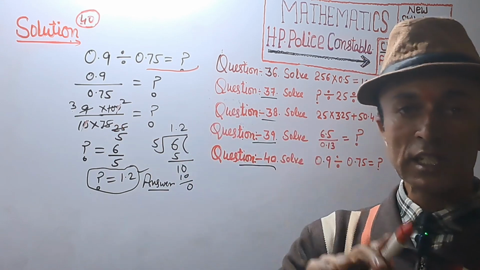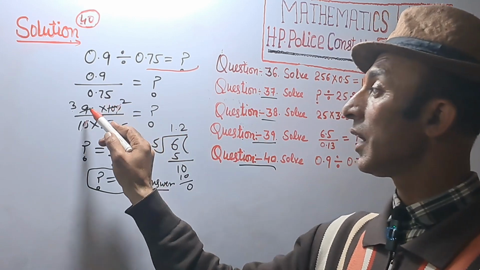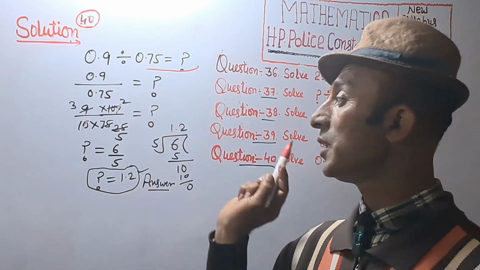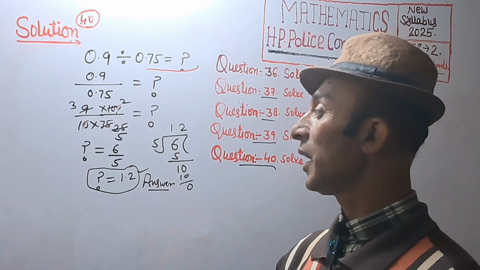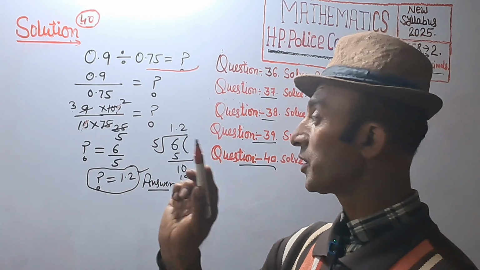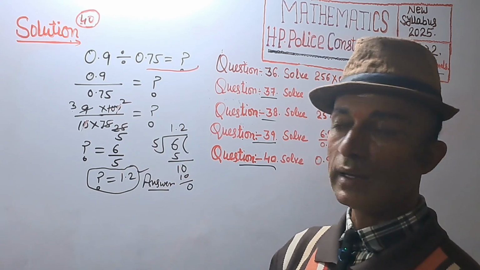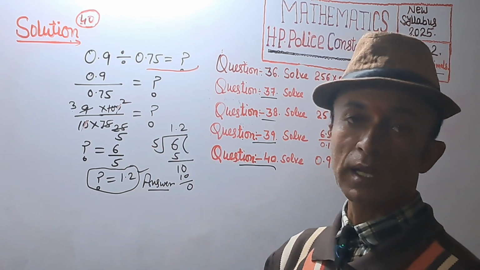75 is divisible by 3, that is 25 threes are 75. And 9 is divisible by 3, 3 threes are 9 and 25 threes are 75. First step. Then 5 twos are 10, 5 fives are 25.